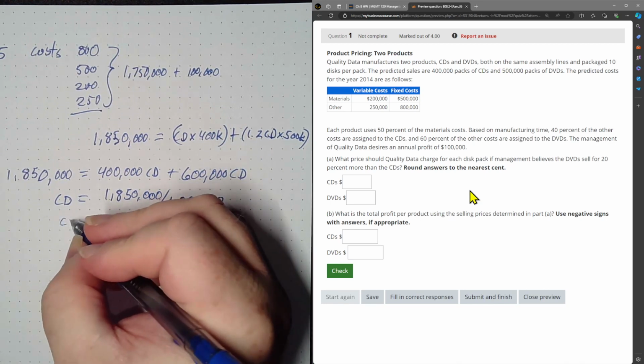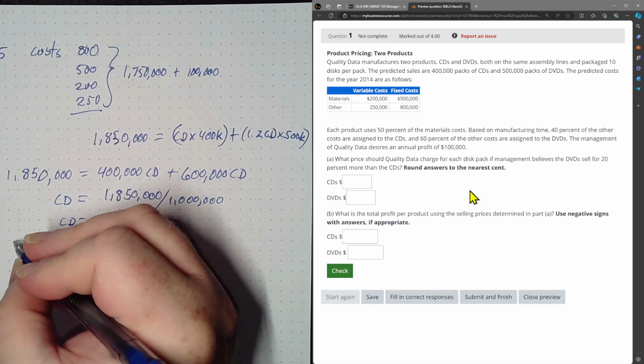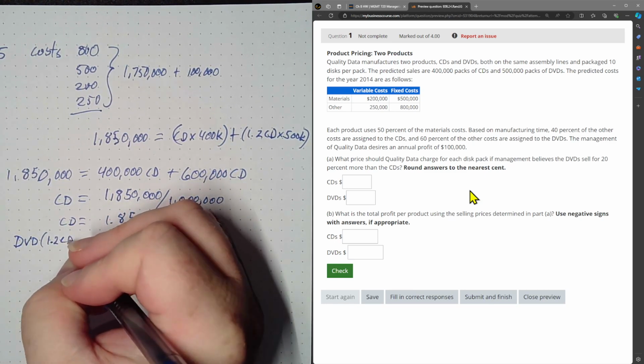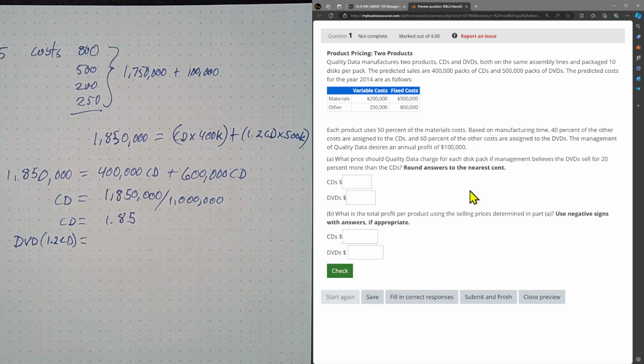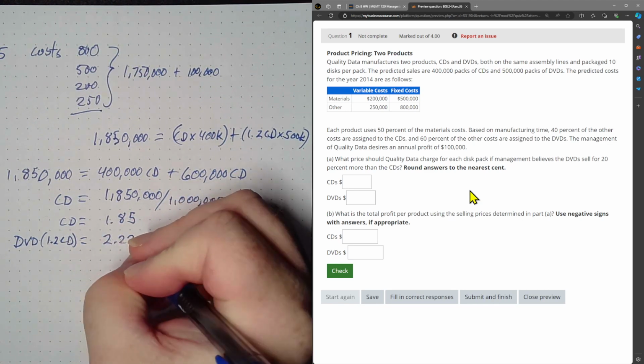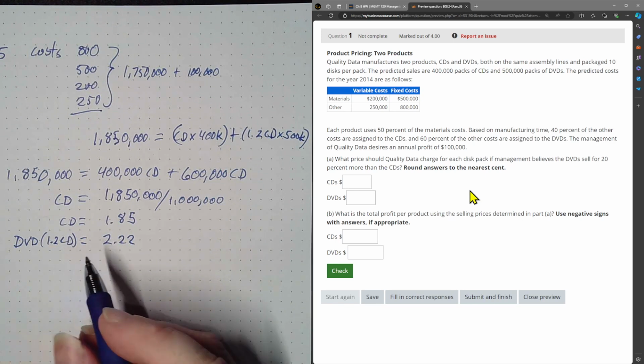So CD equals $1.85. And a DVD, which is 1.2 times a CD, is going to be 1.85 times 1.2, $2.22. Okay, so that's going to be our numbers there for A.